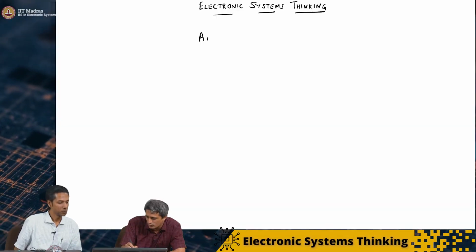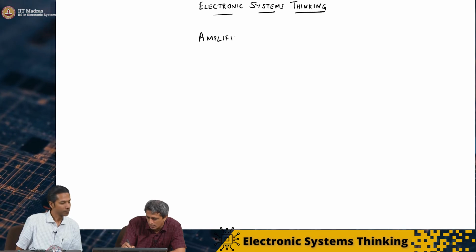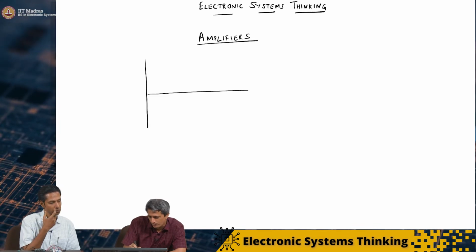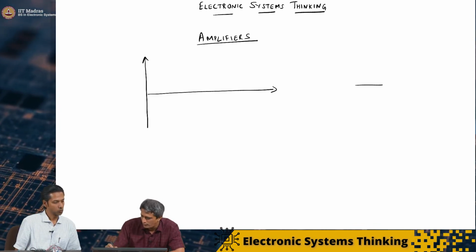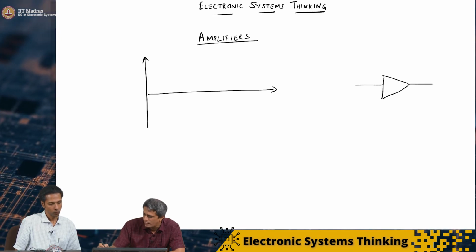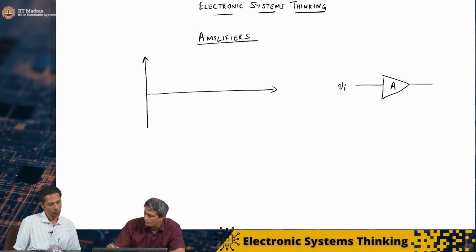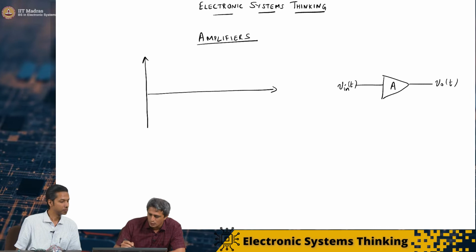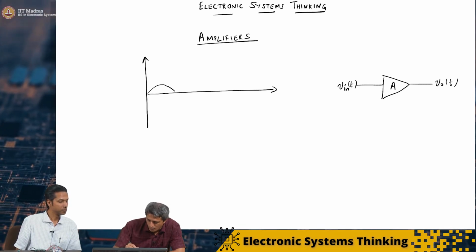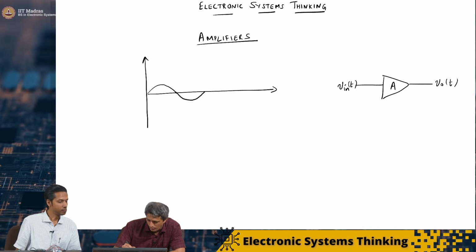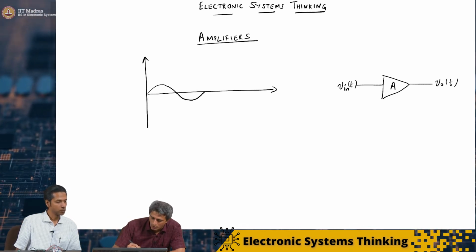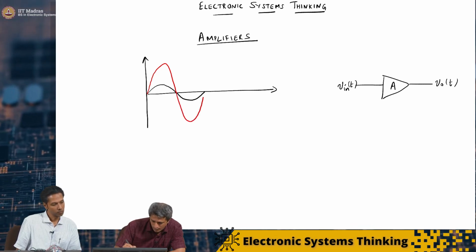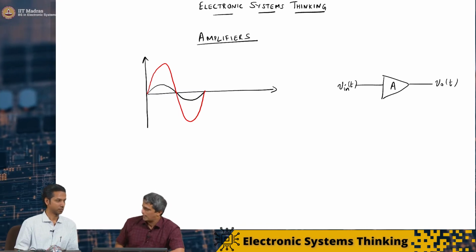Exactly. We abstracted out the amplifier, and we said you have a gain, a V in of T, and a V out of T. If the input is some frequency like this, then the output was in phase with the input, and we were able to get an output signal like this, a scaled version.